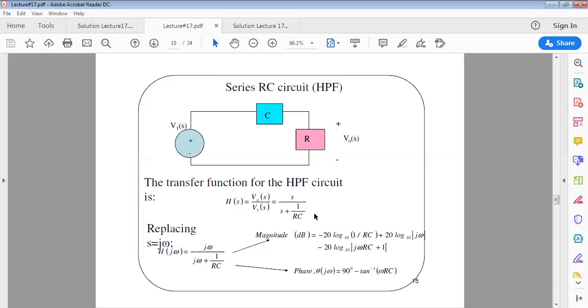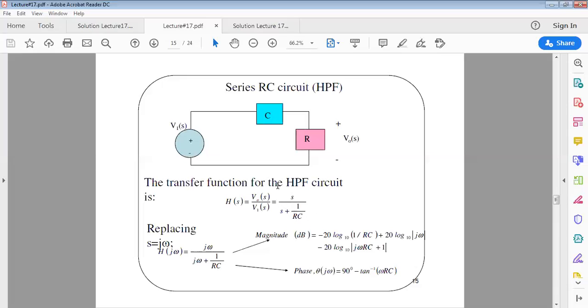Looking at this transfer function, we can deduce that for a high-pass filter, there are also two components in the transfer function. The first component is a zero at the origin, and the second component is a real pole.